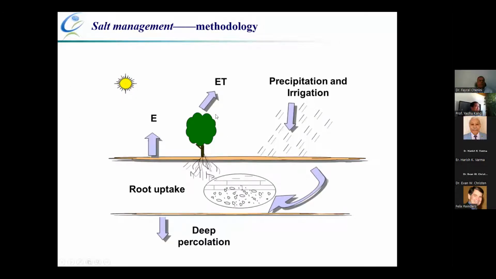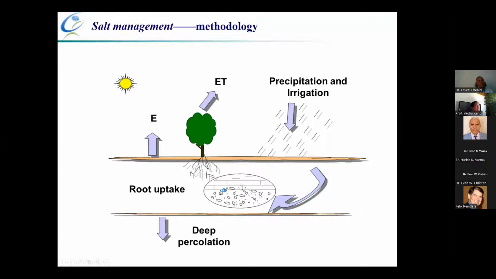So this is the system of the water cycle in the soil-plant-atmosphere continuum. The precipitation and irrigation water are applied to the soil, and part of the water is stored in the soil for plant transpiration, growth, and evaporation.